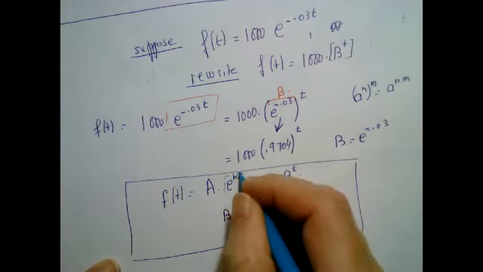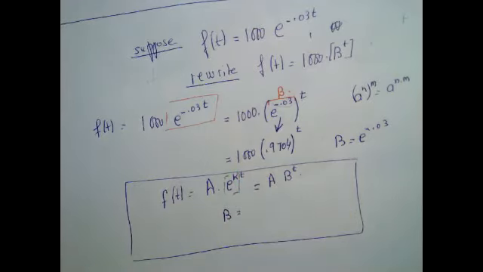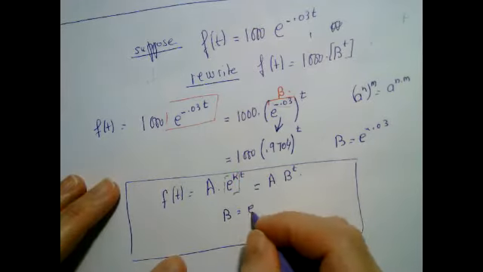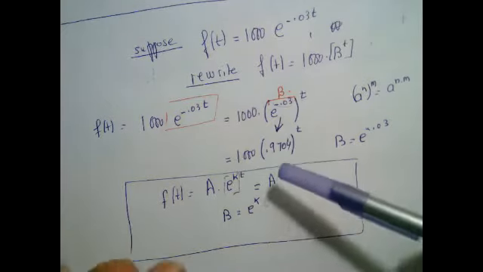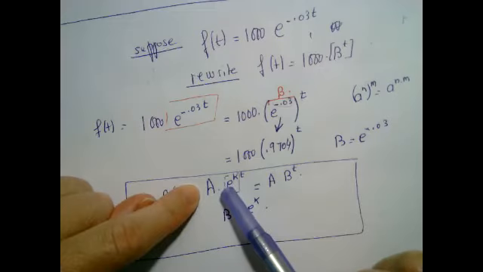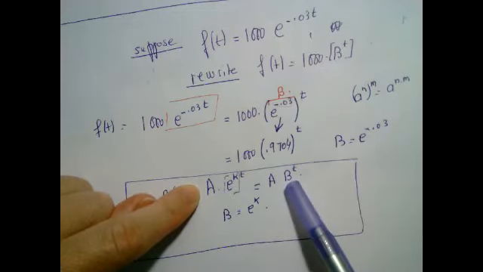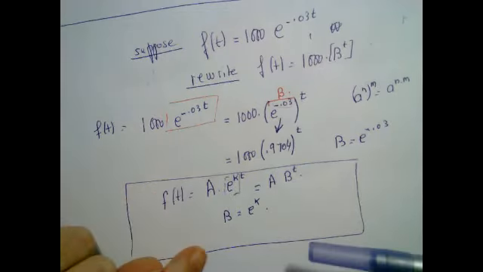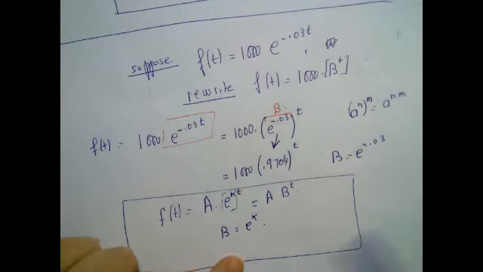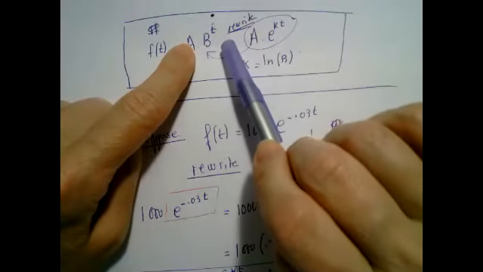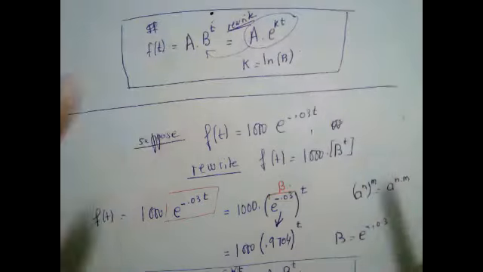The b is e to the k. So any exponential in the future will be given to you in two formats. Either they'll give it to you like this, or they'll give it to you like that. And the relationship between them: if it's of the form e to the kt, then the b is e to the k. If it's the form a b to the t, then the k is the ln of b.